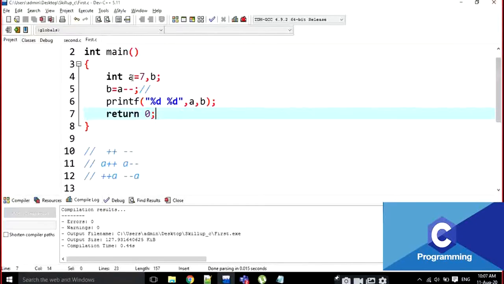Why? Because here first of all B is equal to A. What is the A value? Initially the A value is 7. That is going to be placed in B. Then A becomes A minus 1, that is 7 minus 1, that is going to be 6.